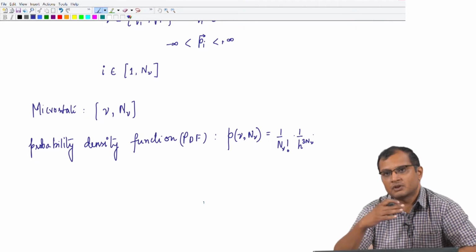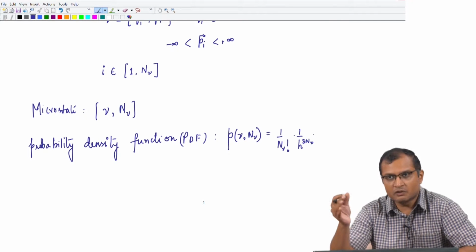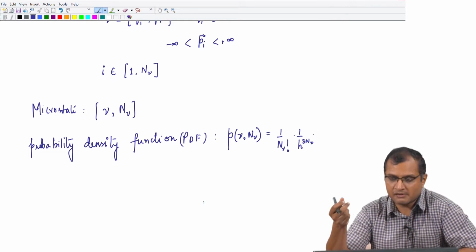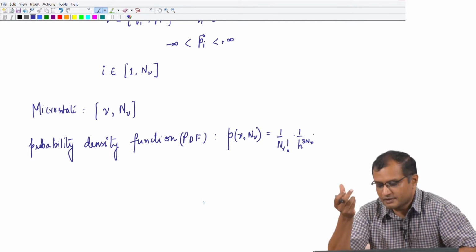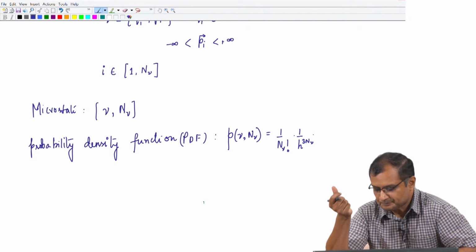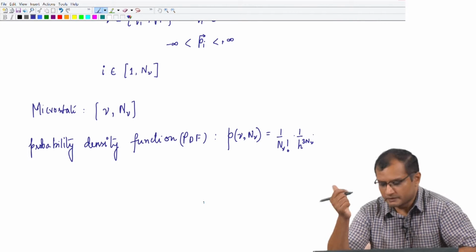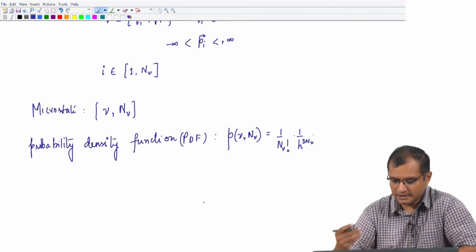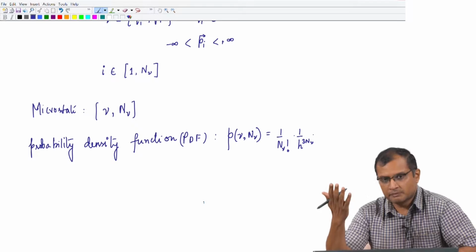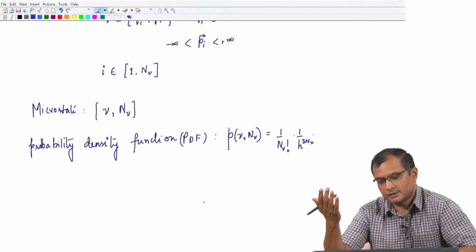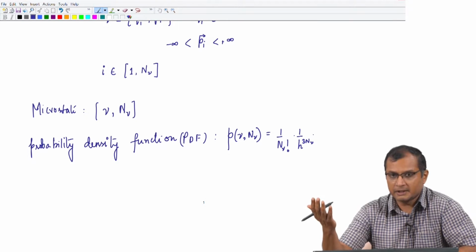So, I have some sort of a volume that I am going to very soon take, and in that volume the highest resolution, or the smallest cell that I can accommodate, is h to the power 3N, and hence I can do a counting of the microstates. So, this cell factor serves two purposes. One is that it enables us to count, second it makes our partition function dimensionless.